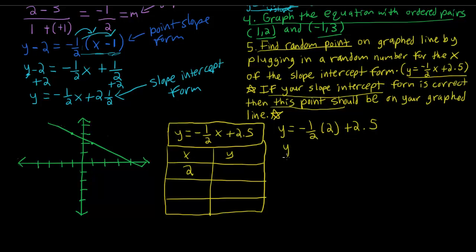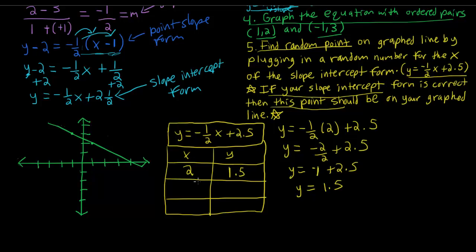If you evaluate that, negative 1/2 times 2 is just negative 2 over 2 plus 2.5. Negative 2 over 2 is the same as negative 1 plus 2.5. Negative 1 plus 2.5 is just a positive 1.5. That's our y coordinate. Plug it into our chart.